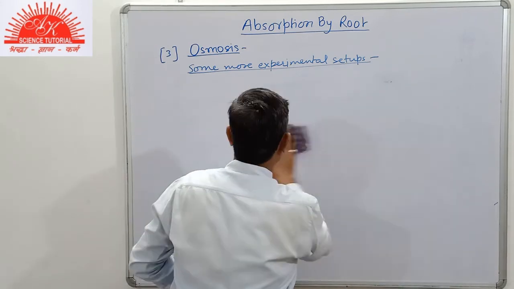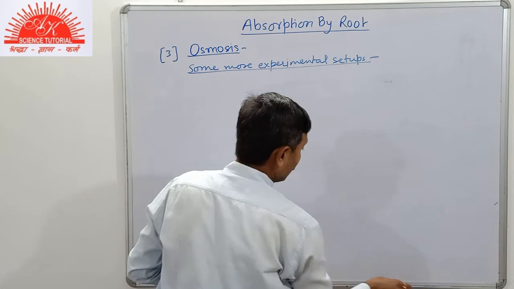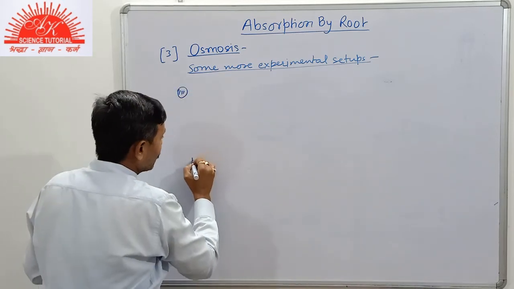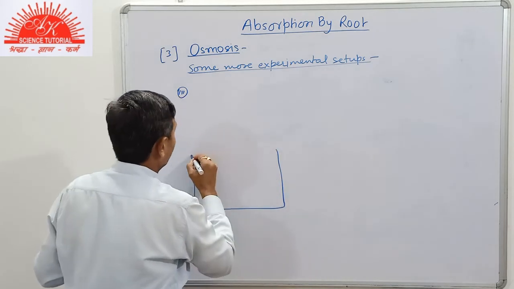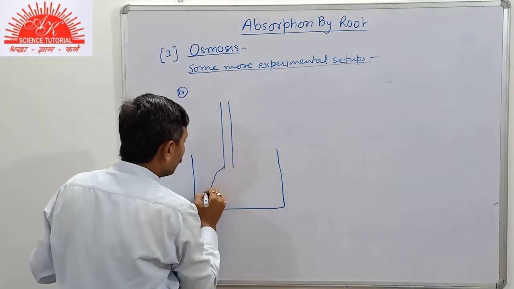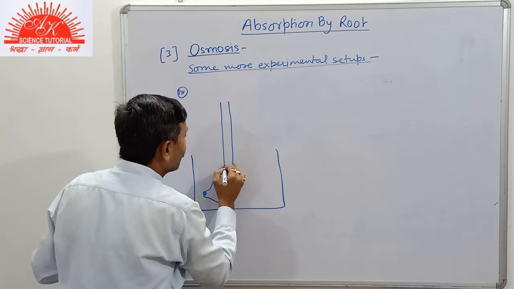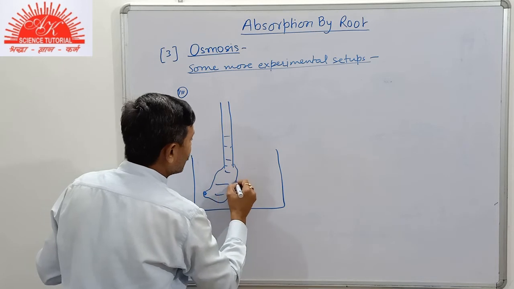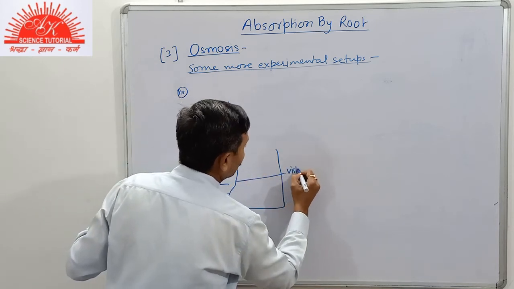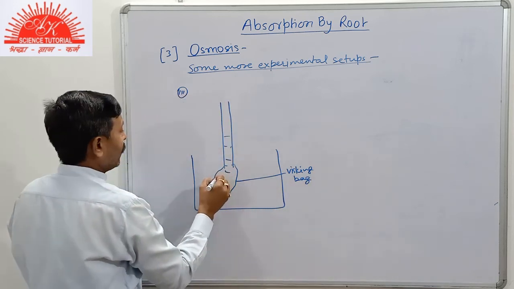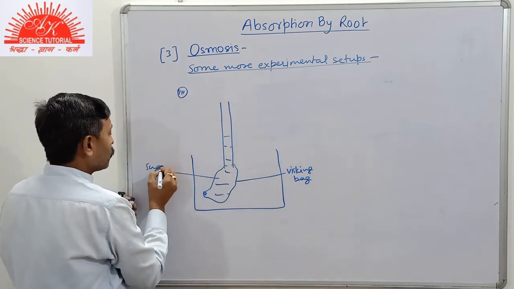Now, suppose in another, third example, we have a narrow tube at the end of which we tie a whisking bag like this. This is the whisking bag, a kind of semi-permeable membrane. Here we take sugar solution.